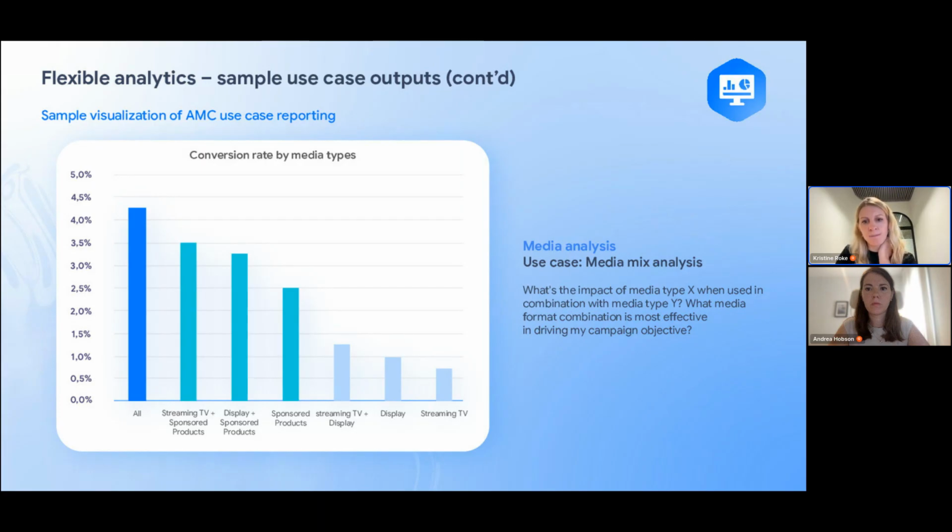It helps to answer questions like which media types complement each other and which mix fits best for our campaign objectives. So looking at the chart, we can see that the overall conversion rates are highest when multiple formats are combined, especially the combination of streaming TV plus sponsored products, and display plus sponsored products work better than any single format alone.